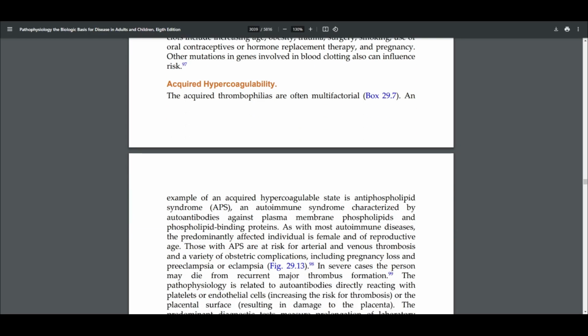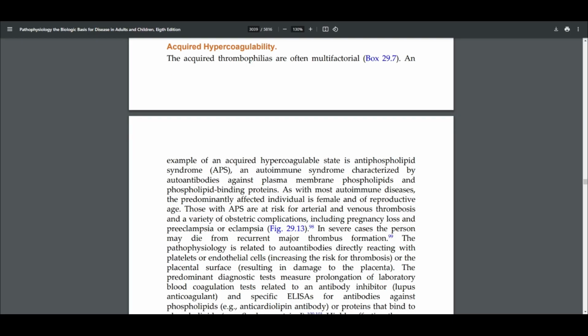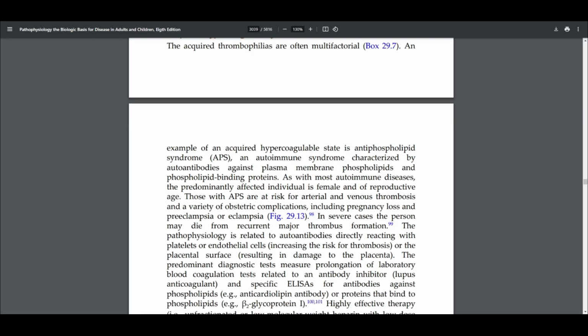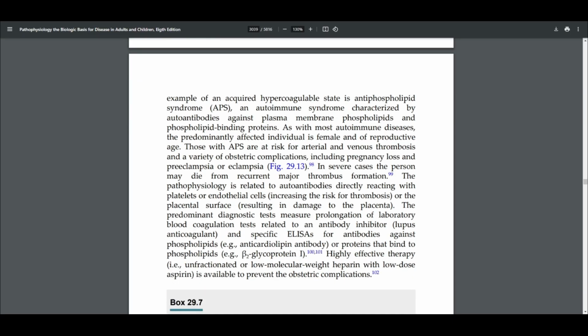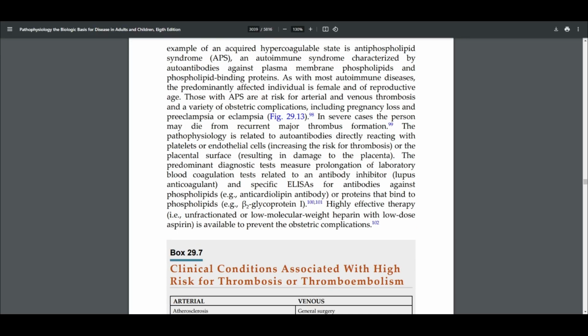The acquired hypercoagulability. The acquired thrombophilias are often multifactorial. An example of an acquired hypercoagulable state is antiphospholipid syndrome, an autoimmune syndrome characterized by autoantibodies against plasma membrane phospholipids and phospholipid-binding proteins.